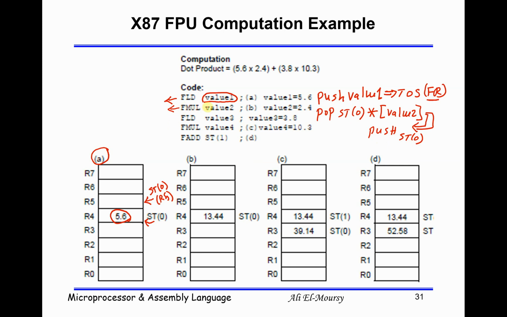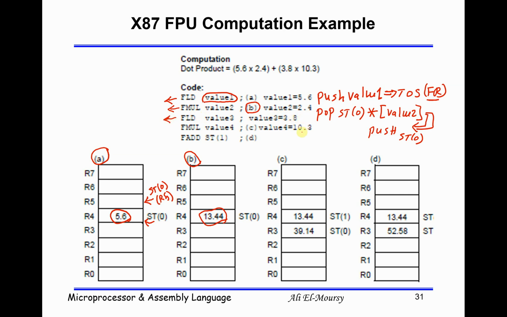After the second instruction, which is part B, I will see the following status of the registers. At the same location, ST0 at R4, I will have the result of multiplying 5.6 by the value 2.4. The result, 13.44, is stored in R4, which is the top of the stack. Then I have another F load, which is doing a push.